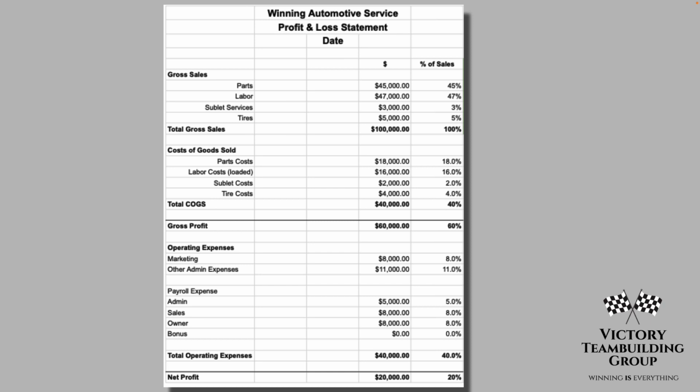Okay, but we still need to understand these numbers and where they're coming from. So if we take this $100,000 shop, we have parts and labor sales at the top there, and sublet and tires. Then we have all of our costs: our parts costs, labor costs, sublet costs, tire costs. So you have your income on the top, and then your expenses, your costs of goods sold. $100,000 in sales, $40,000 in cost of goods sold.